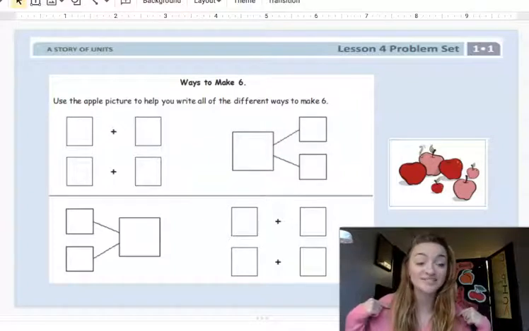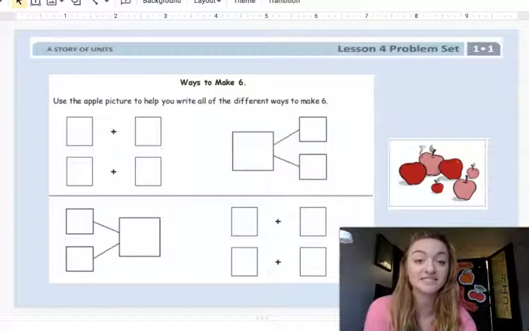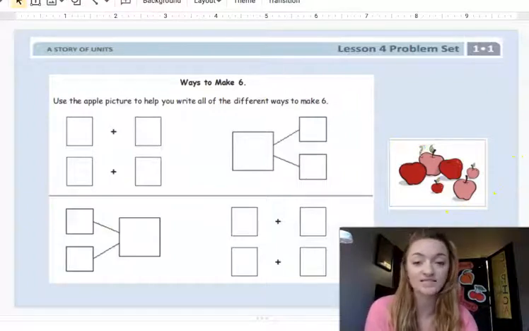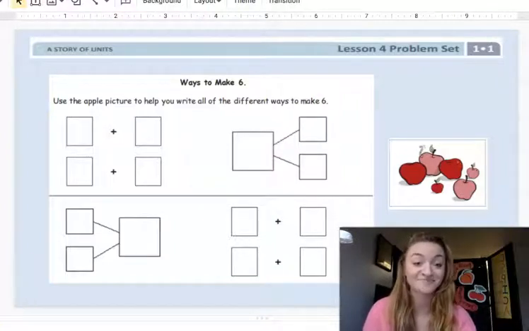We've been working on ways to make 7. You're going to work by yourself now on ways to make 6. So you're going to use the apple picture that's right here to help you write down all of the different ways to make 6. So I'm going to press pause right now so that you can maybe pause and copy down your solution to this problem.